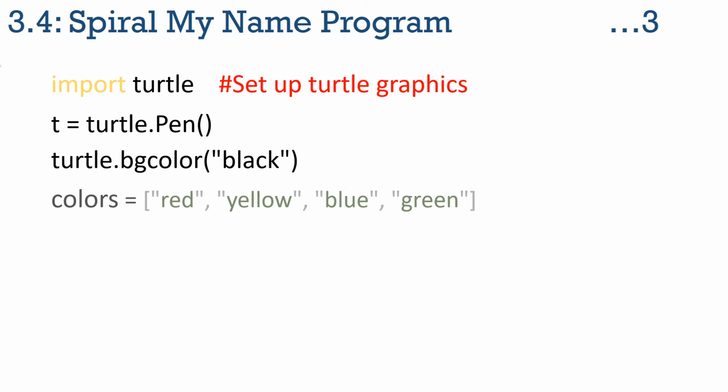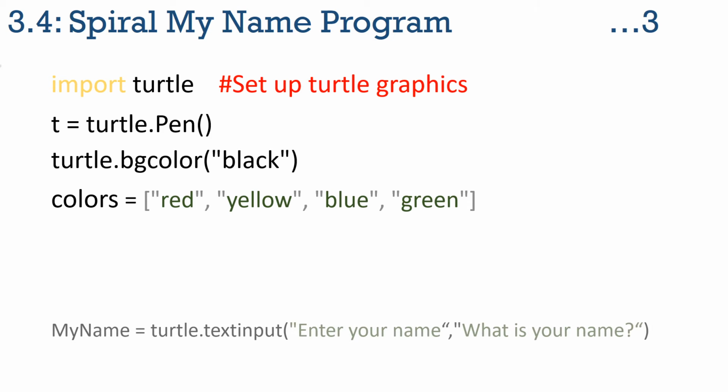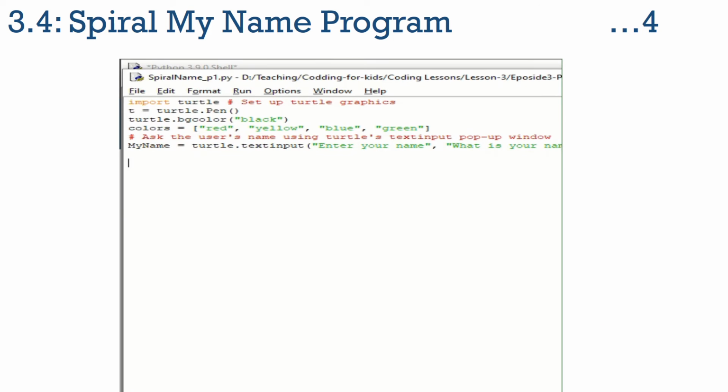Now we will identify a list variable that contains 4 items with colors red, yellow, blue, green. Then we will define a variable with the name my_name and display an appropriate user message to capture the name. When we run the code, the output will be as shown in the video.